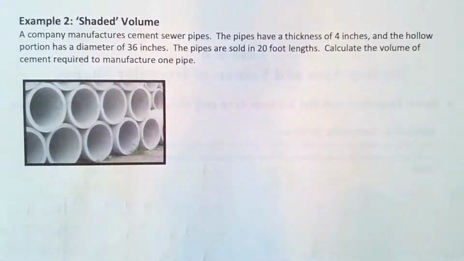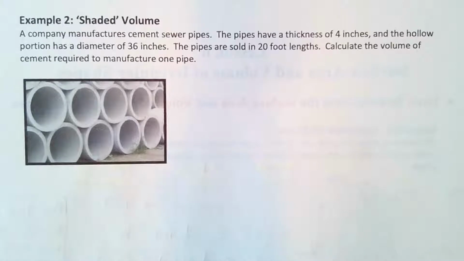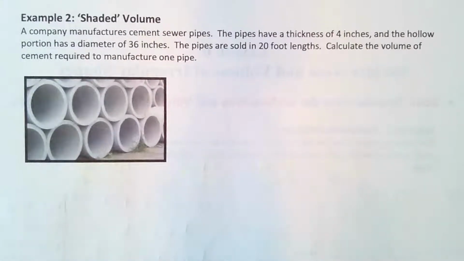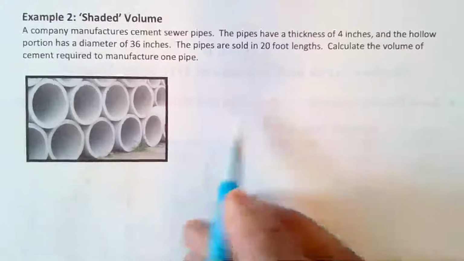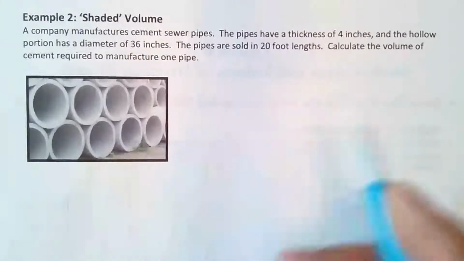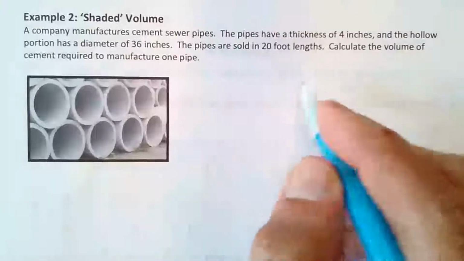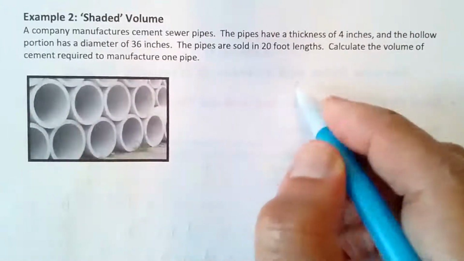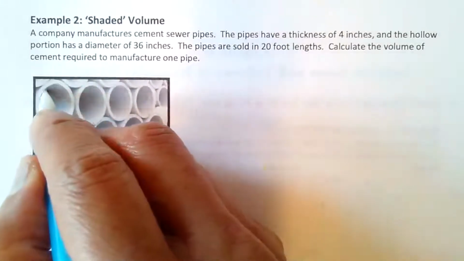So let's make an illustration of this question. This is not given here. In the first question, the diagram was given with its dimensions. Here it is not. So if I were to sketch this diagram, we have a cylindrical pipe.